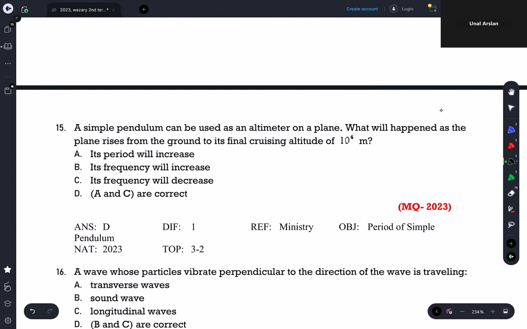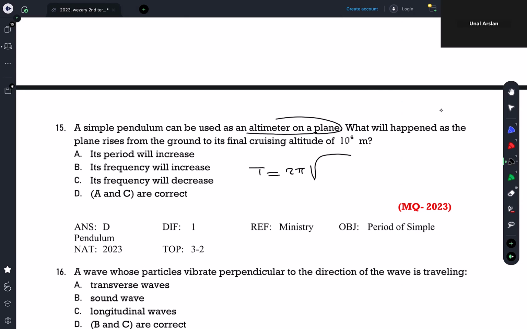A simple pendulum can be used as an altimeter on a plane. What will happen as the plane rises from the ground? The period will increase. Why? Because of L over g: as the airplane rises, g decreases.